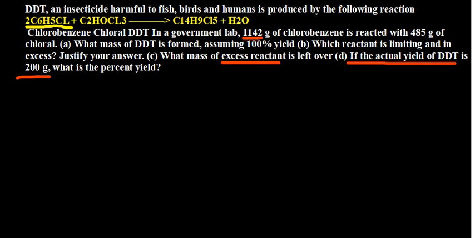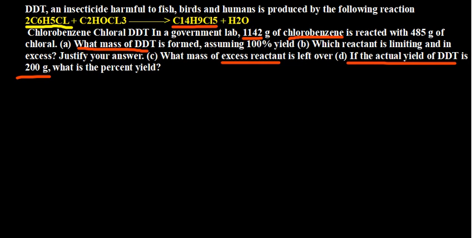We'll start with the first question, which says what mass of DDT is formed. Before you determine the mass of the DDT formed, we need to note that this is the DDT they're talking about. Chlorobenzene and chloral, in a government lab, 142 grams of chlorobenzene is reacted with 485 grams of chloral.